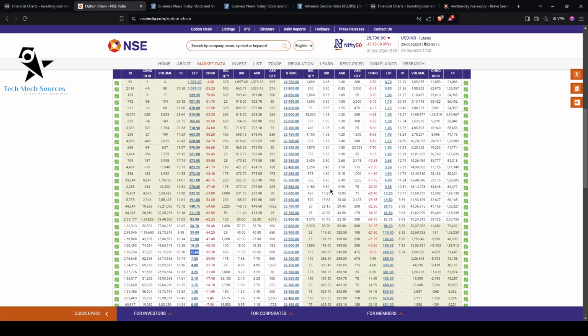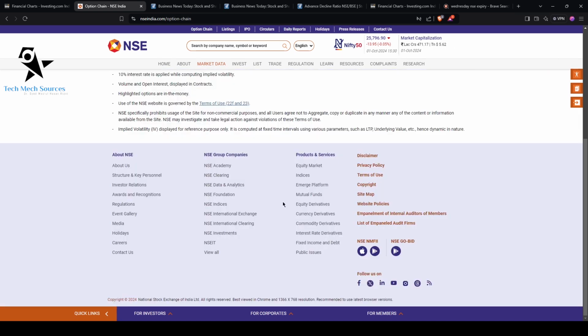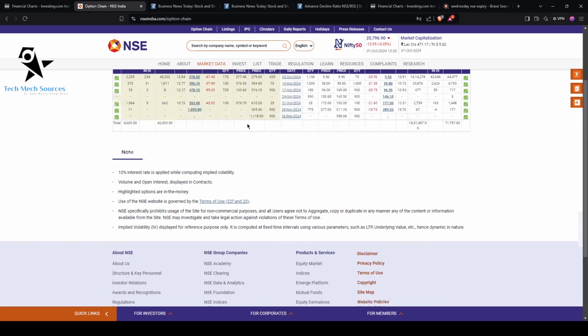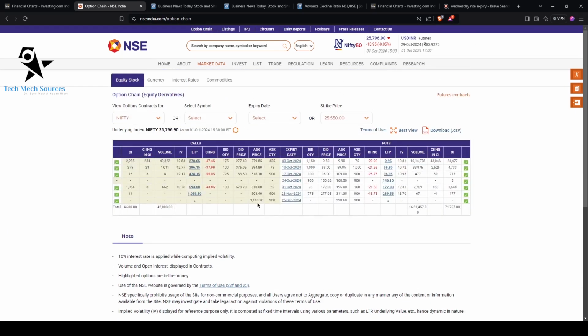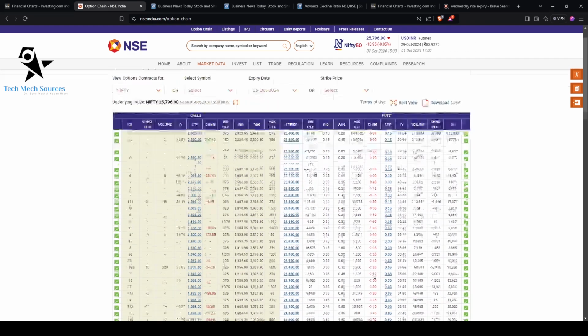And on the put side, if I see here, it is 25,550. So these are the two things which we have seen here. Because I have selected that, it is displaying only that particular option. I want to see the 3rd October.